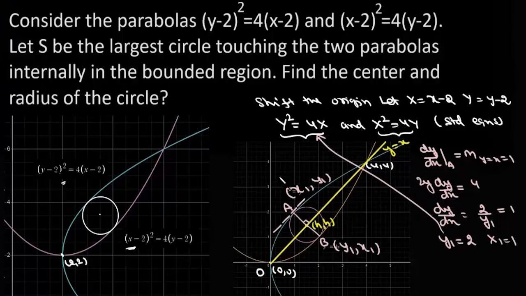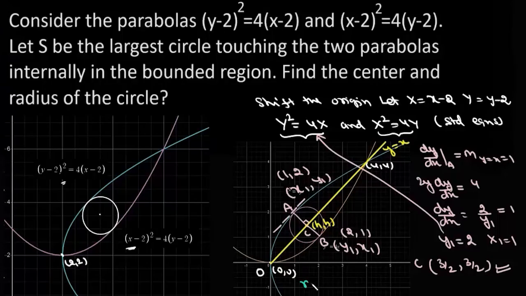So the coordinates of point A are (1, 2), and from symmetry the coordinates of point B will be (2, 1). The center of this circle, say C, is the midpoint of AB, which is (2 + 1)/2 = 3/2, and here also 3/2. So the center of the largest circle lies at (3/2, 3/2), and we can find its radius also.